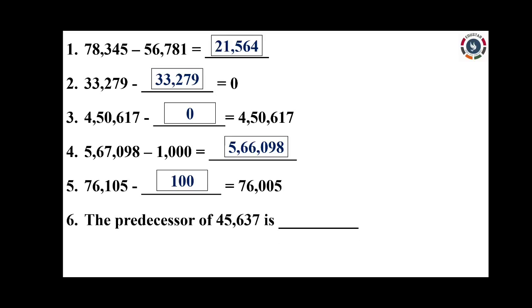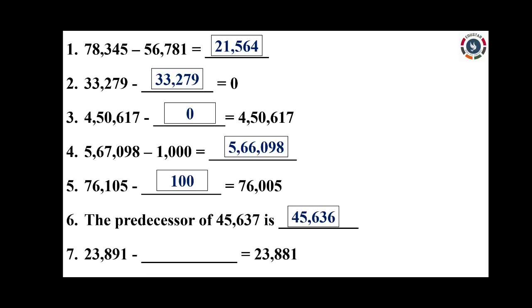Sixth question, the predecessor of 45,637 is. To find the predecessor of the given number, we have to subtract 1 from the given number. So the answer is 45,636.